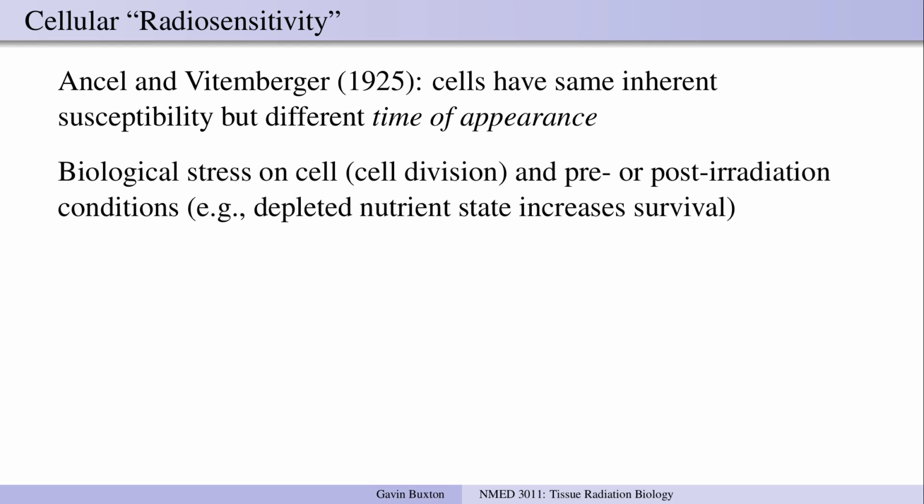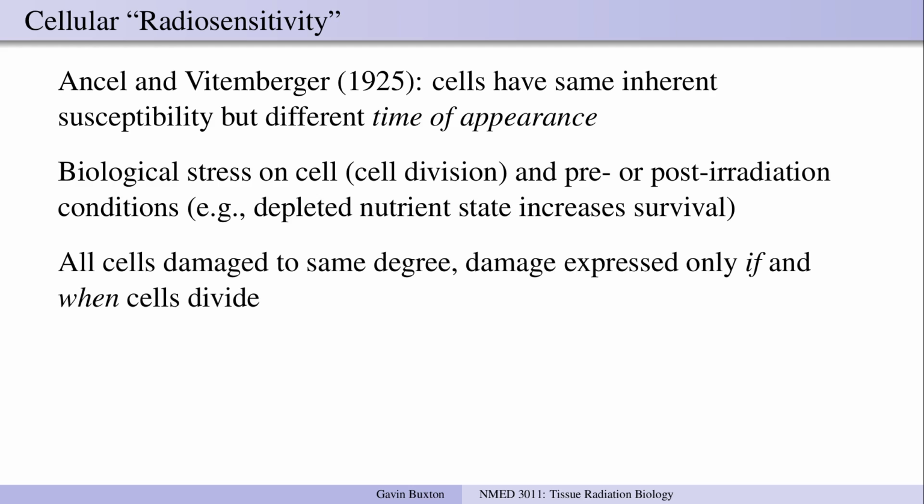And they found the appearance of radiation damage is influenced by the biological stress on the cell, the necessity to divide, and the conditions to which the cell is exposed. What was interesting is they found this even for post-irradiation conditions that back then we didn't really understand, but now we know that's because this can allow for the repair of potentially lethal damage.